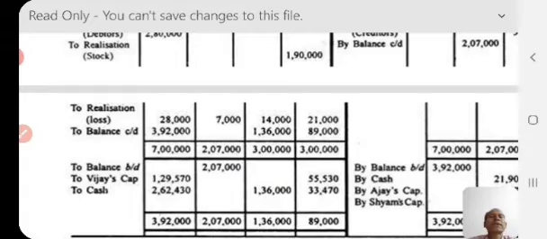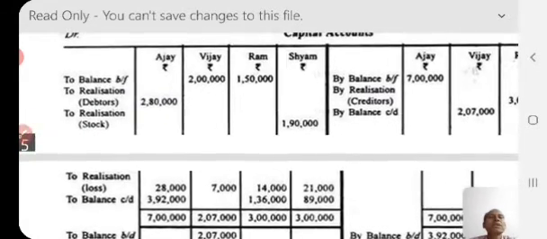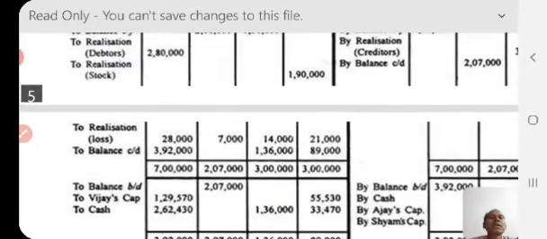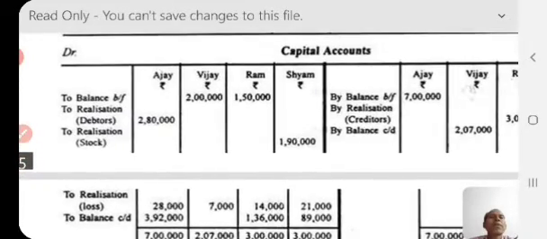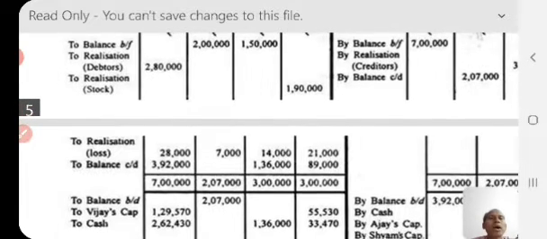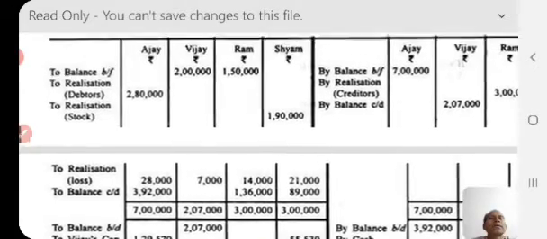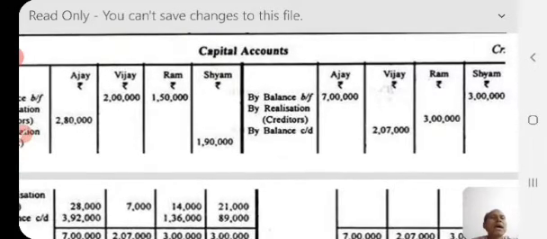They are the balances. Ajay, Ram and Sham have the credit balances. And this Vijay has debit balance, 2,07,000.